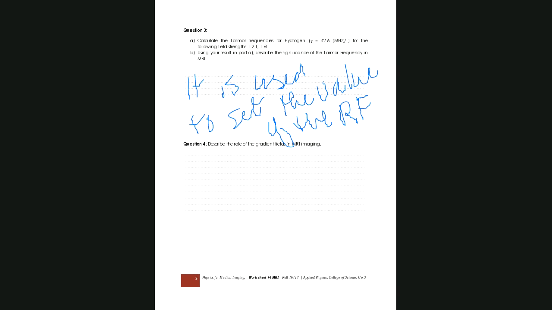If we go to question number 4, describe the role of the gradient fields in resonance imaging. This is something you will definitely see on Monday. He wants to know about the gradient field.